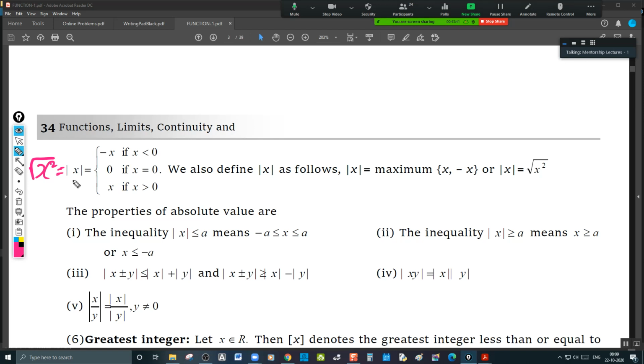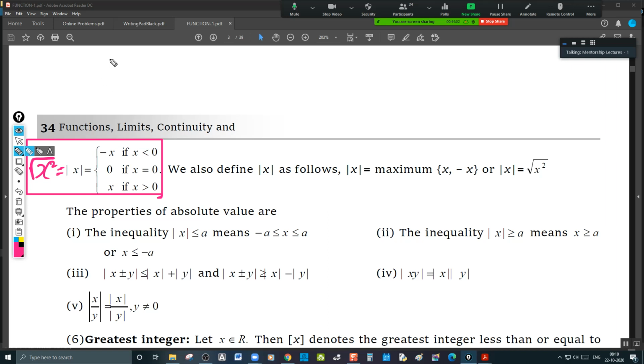But you must write it as mod x, and that mod x becomes minus x if x less than 0, is equal to 0 if x is equal to 0, is equal to plus x if x is greater than 0. Very, very important, please. Very, very important. Knowingly or unknowingly, you neglect this. So you should not do that.